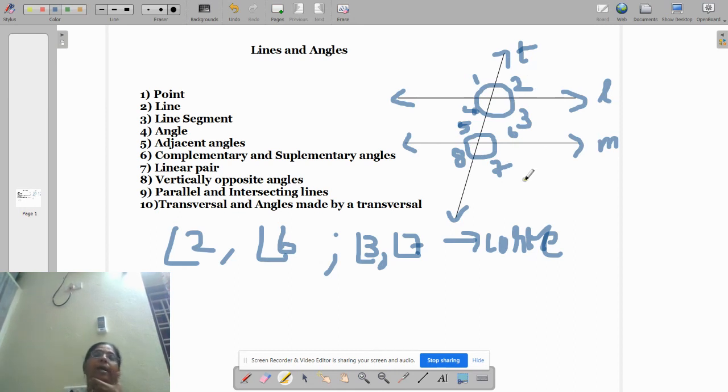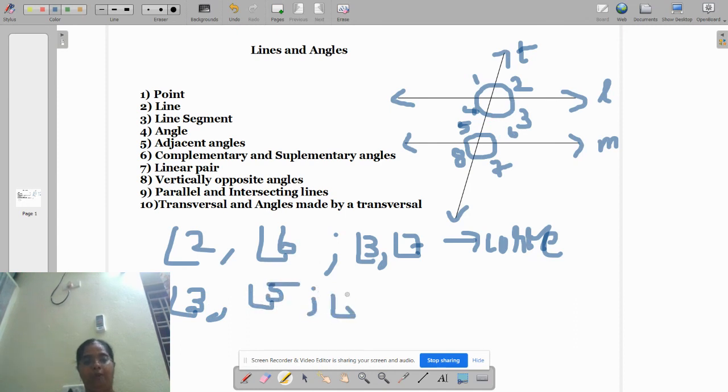Angles made by a transversal on either side are called, see here, angle 3 and angle 5, angle 4 and angle 6. These are alternate interior angles.